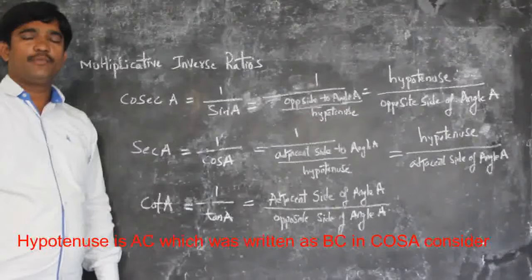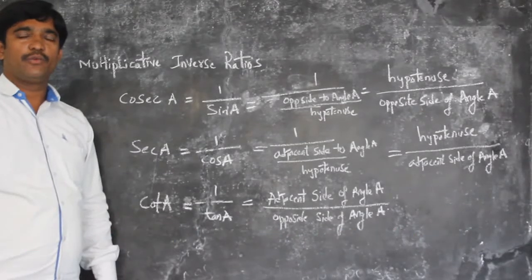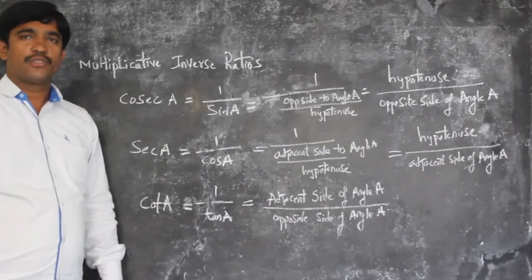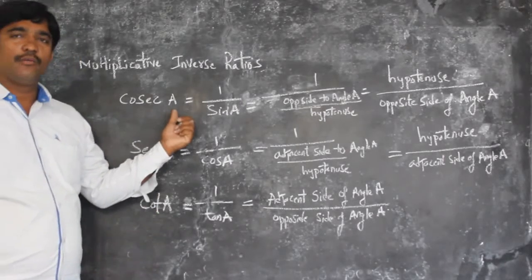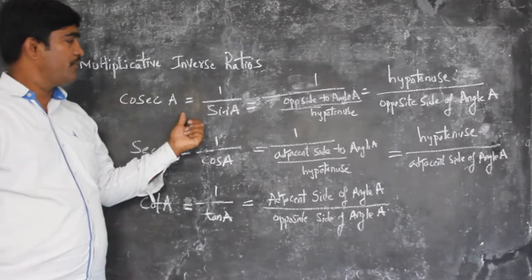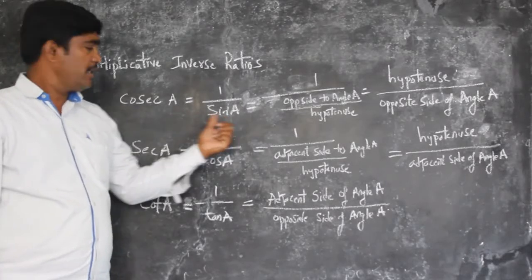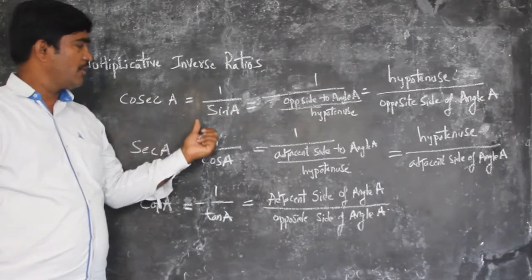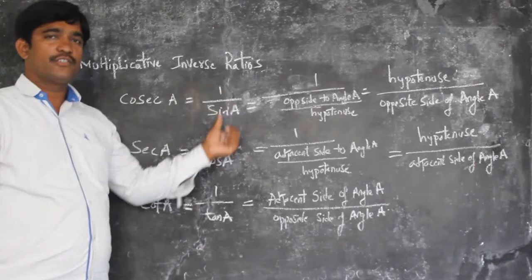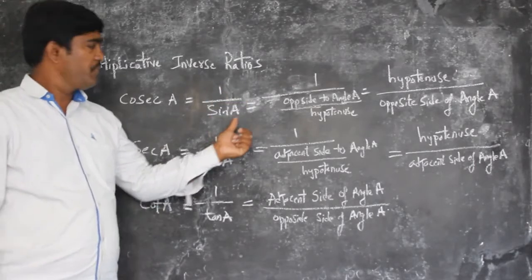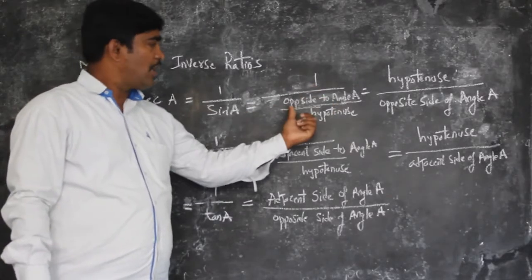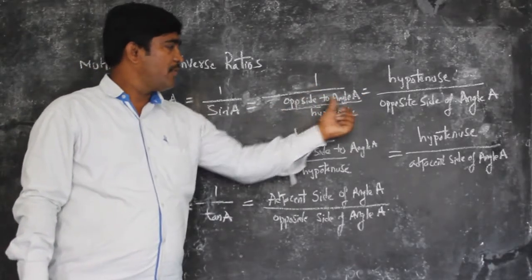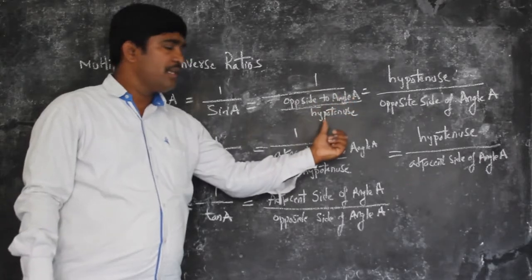Now we will learn about the multiplicative inverse of the ratios. The first one is cosec A, which is the multiplicative inverse ratio of sin A. Cosec A is equal to 1 by sin A, which is 1 by the opposite side to angle A by hypotenuse.